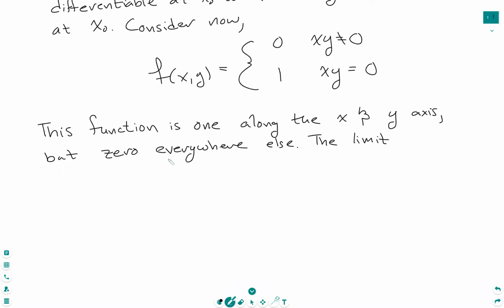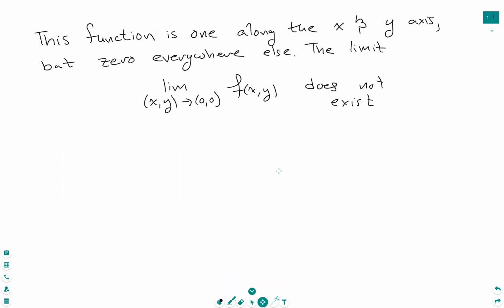The limit as x, y goes to the origin of our function f of x, y does not exist, because we get two different results, right? If we're traveling along the x or y axis, we'll get a value of 1. But if we travel anywhere else, we're approaching 0, right? So the limit obviously doesn't exist here.